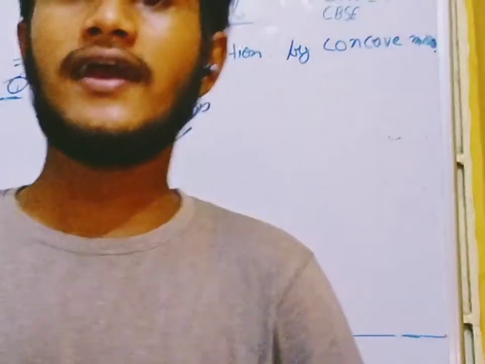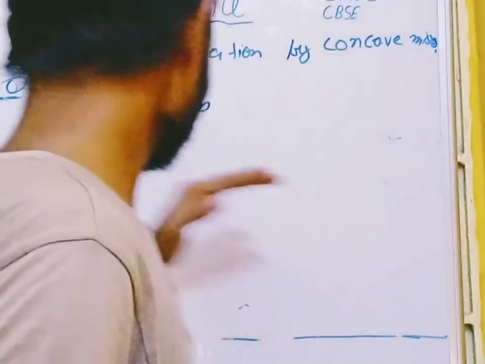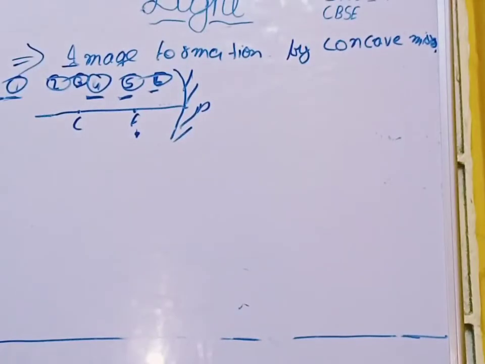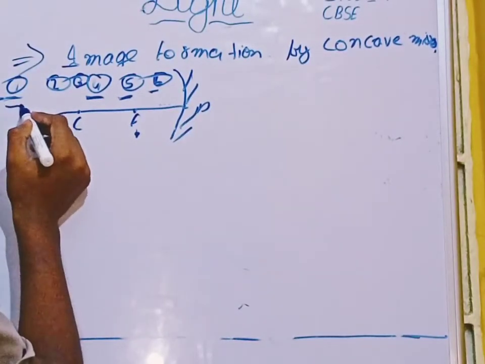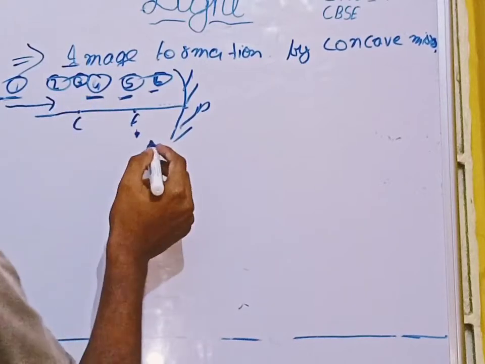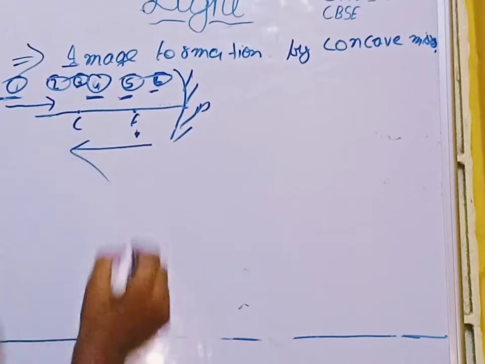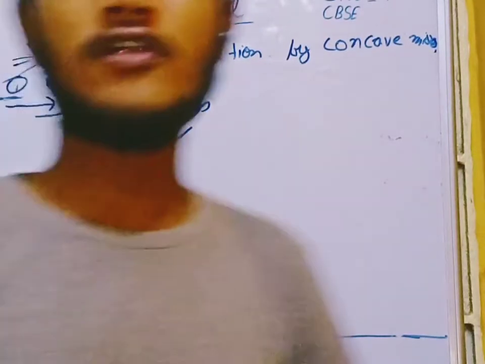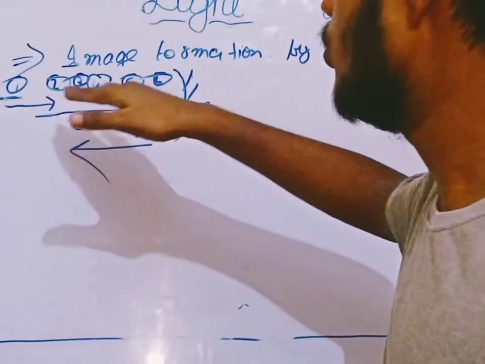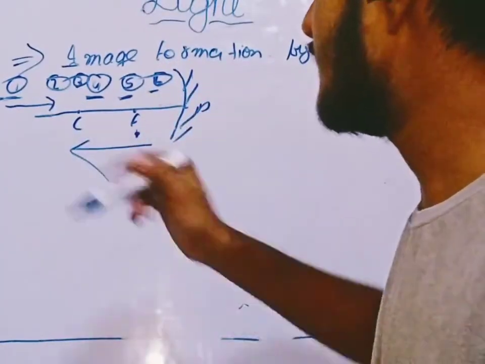Image is always formed at F. We will prove it by drawing a diagram also. Whenever we move the object near the mirror, the image formation goes far from the mirror. You have to always remember this.